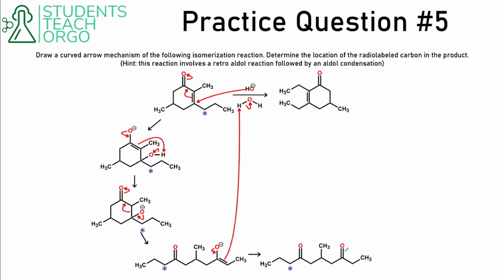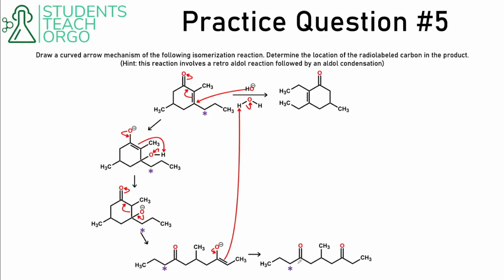That makes sense. Once we get to this part, the only thing that would make sense to get back to here would be to do the aldol condensation again, but we don't want to start from this enolate, right? If we just made the same enolate again, we would just go right back to the reactant. So we've got to make a different enolate, and if we're making a different enolate, we can see that we need to end up with a 6-membered ring.